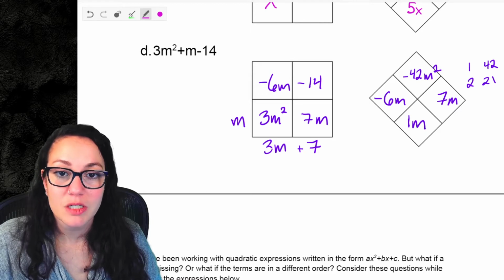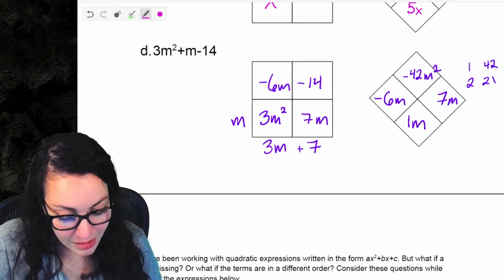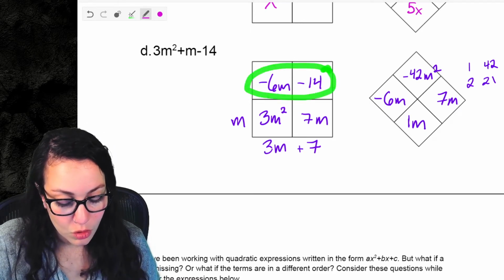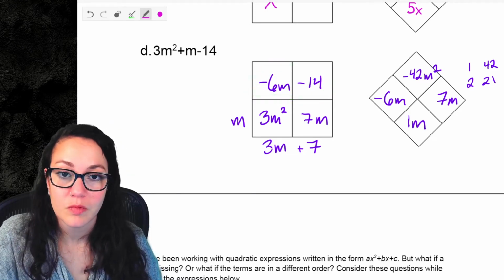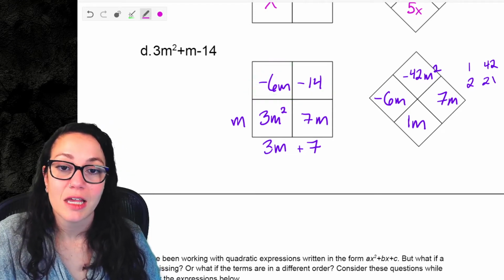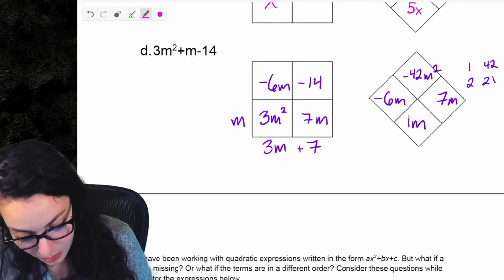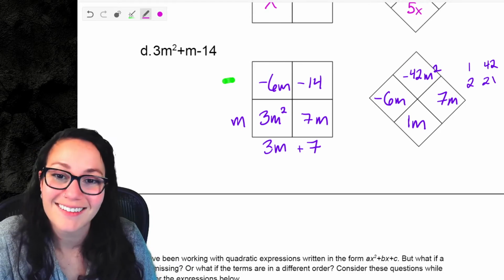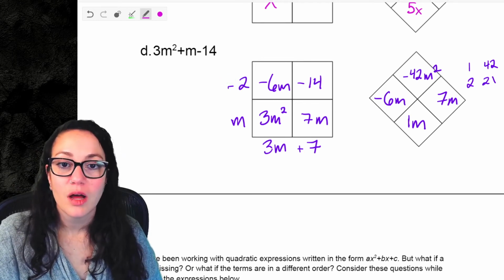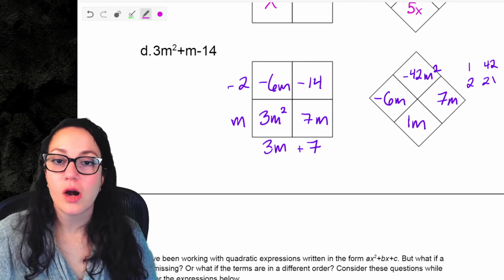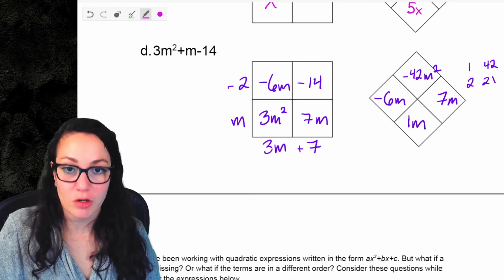And then last but not least, my greatest common factor for negative 6 and 14 is going to be negative 2.